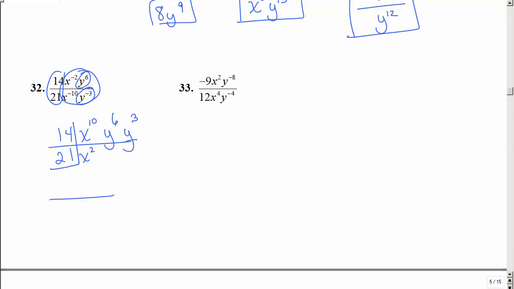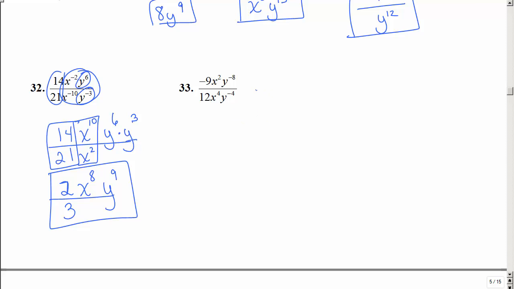Now I can reduce that by 7. So 7 goes into 14 2 times, 7 goes into 21 3. That's being divided, so keep the base, subtract the exponent.